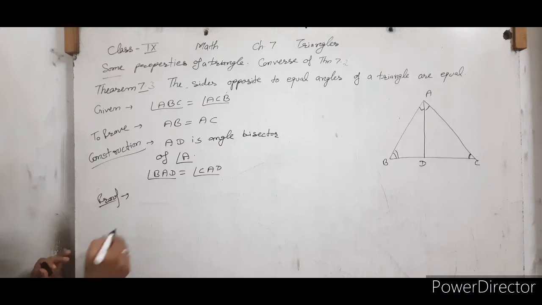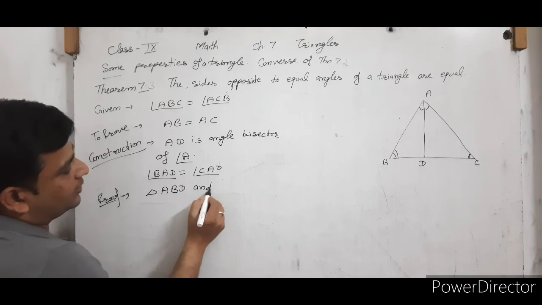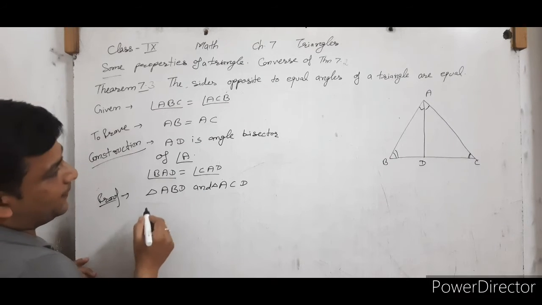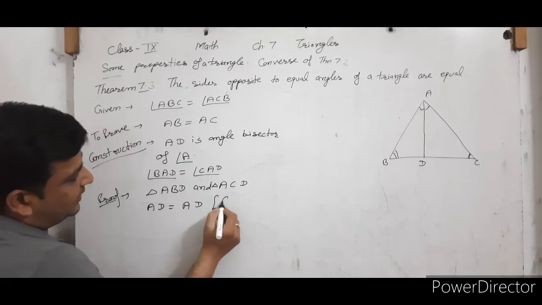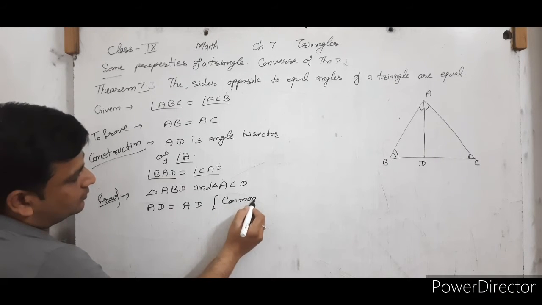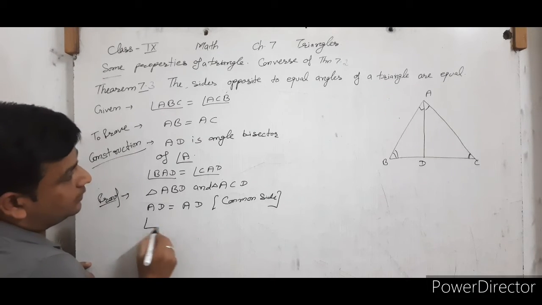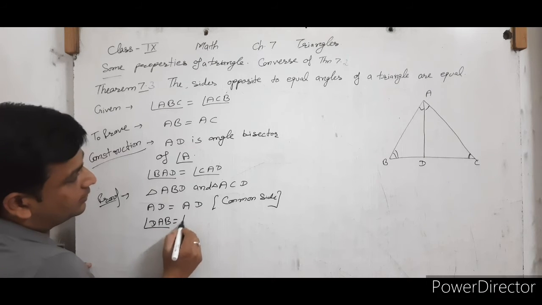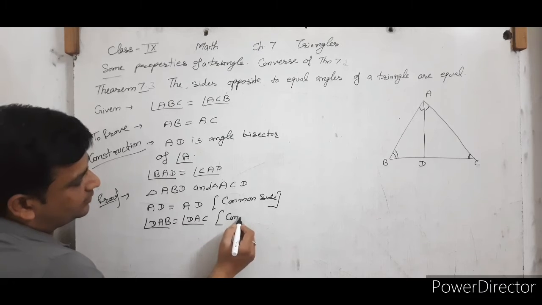For that, we will consider two triangles, triangle ABD and triangle ACD. In these two triangles, it's given AD is equal to AD, common side. Angle DAB is equal to angle DAC, construction part.